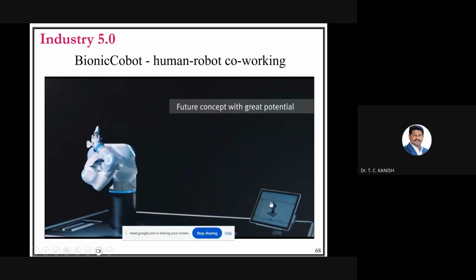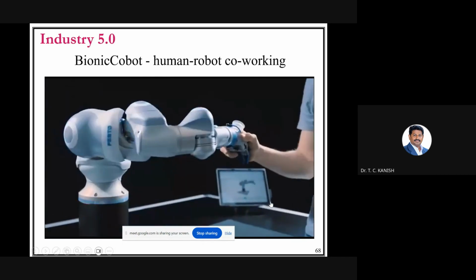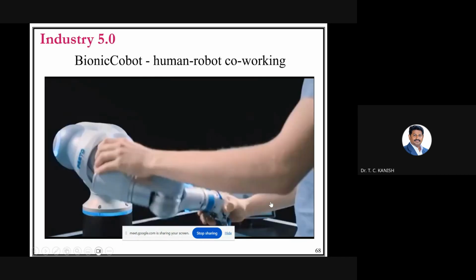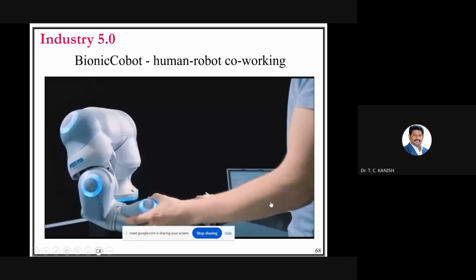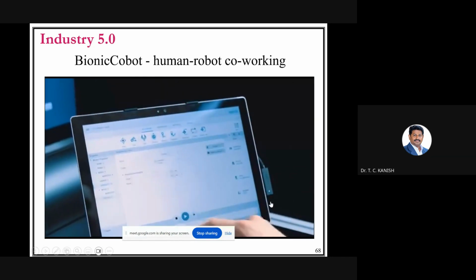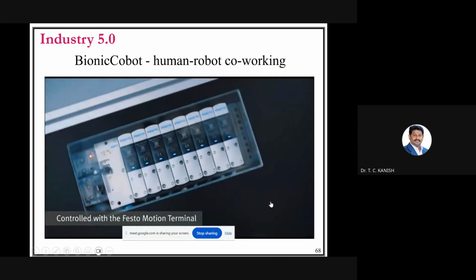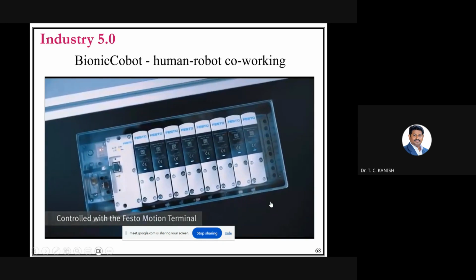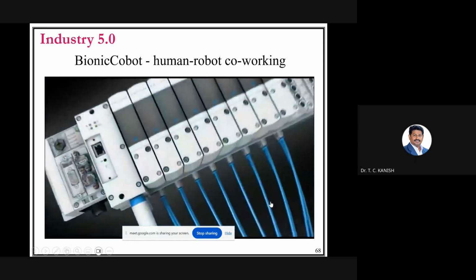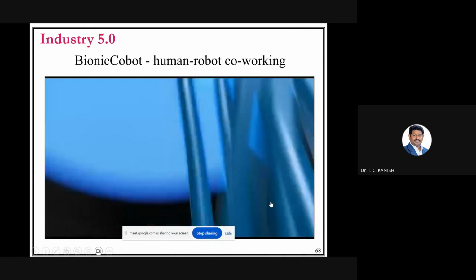It helps the human when he is working. It looks like a person sitting next to you, taking a component and giving it back to you. This is a co-worker sitting next to us, and it will help.